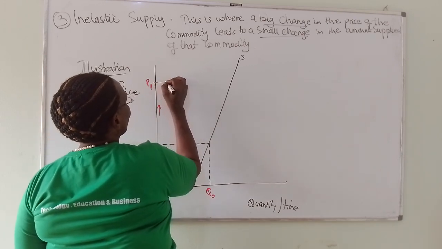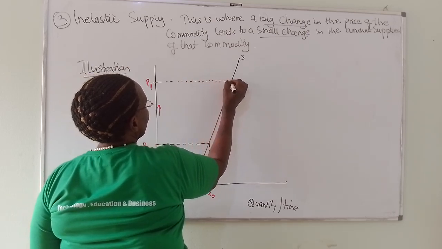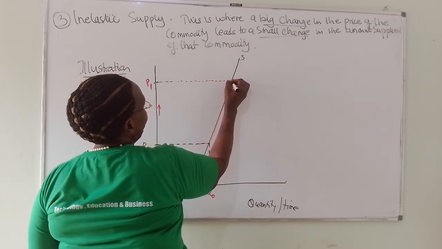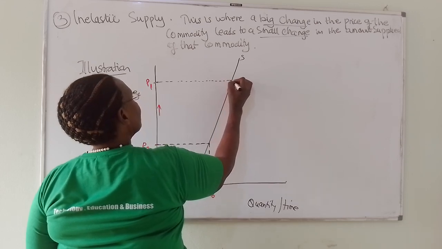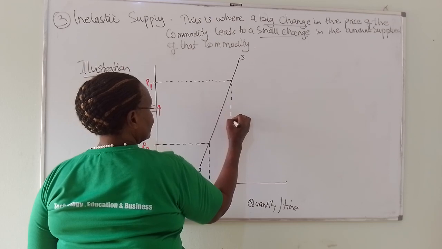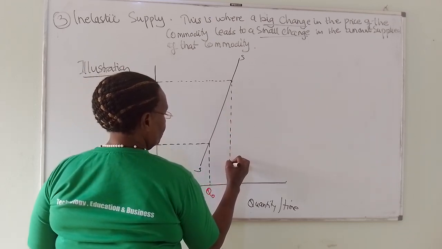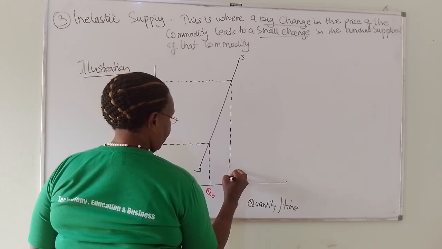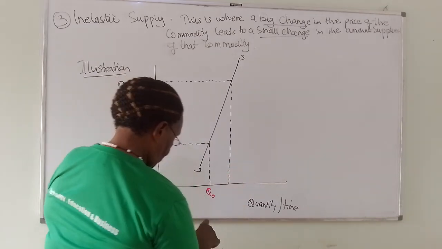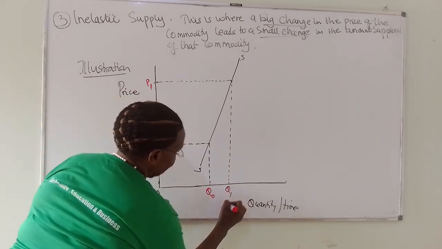So you relate this new high price to see where it intersects with the supply curve, and then you read off the quantity from the x-axis, and you find that the increase in price is very high, but you only have a small increase in quantity supplied.